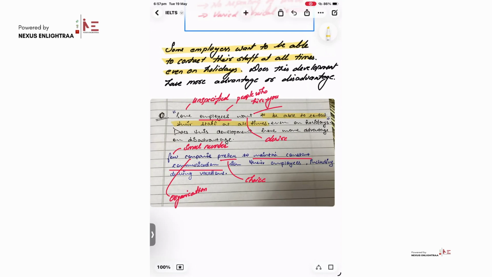I felt that constant communication is where you can call or message the staff or the employer anytime if they desire to.